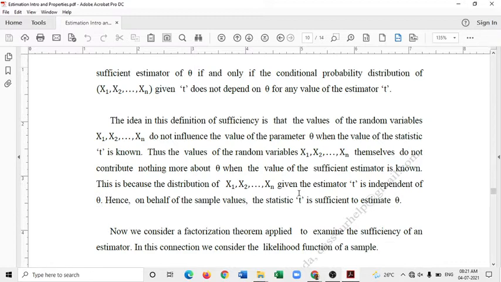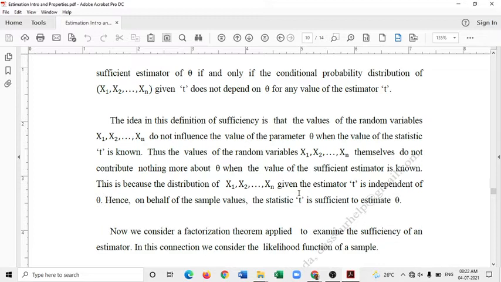Thus, the values of the random variables x1, x2, etc., xn themselves do not contribute any further information regarding theta when the value of the statistic t is given. So, we say that t is sufficient to estimate the parameter theta in place of x1, x2, etc., xn. Thus, t becomes a sufficient estimator.